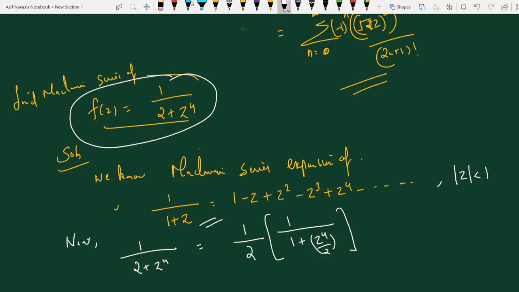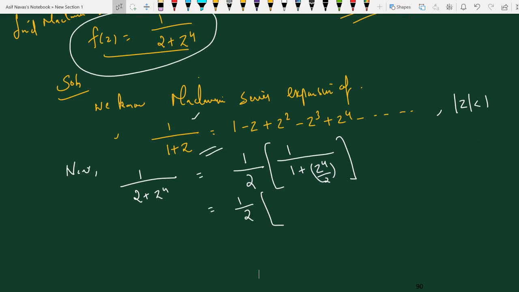So this is something of the form 1 by 1 plus z. So instead of z we now replace z by z raised to 4 by 2.